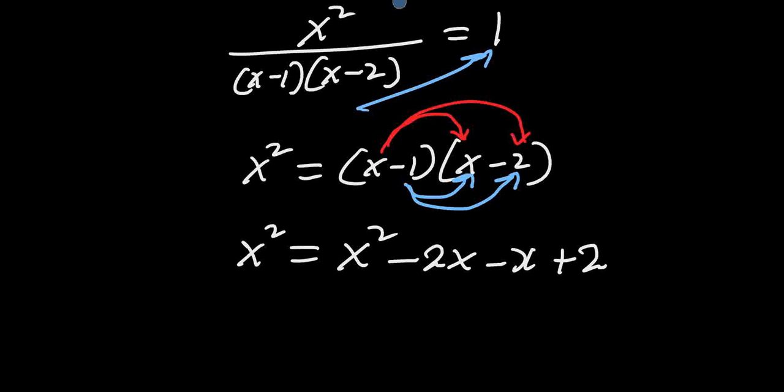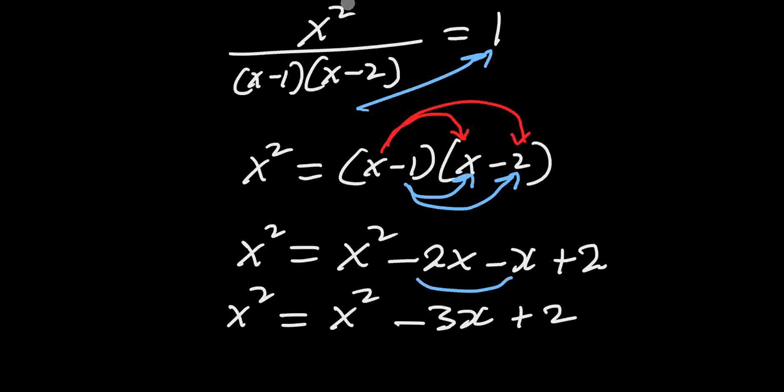So now we can just add up the middle terms, and this will become x squared is equal to x squared, -2x minus x is -3x, so we have -3x plus 2.